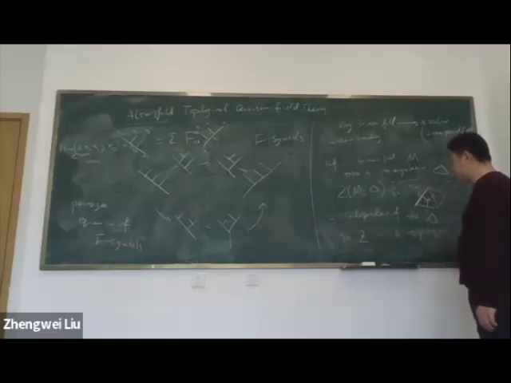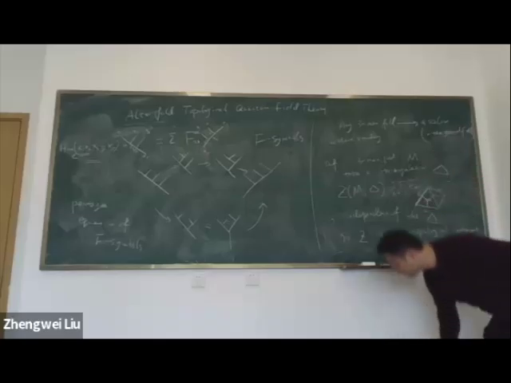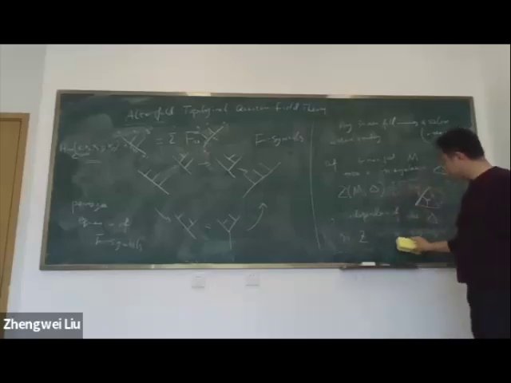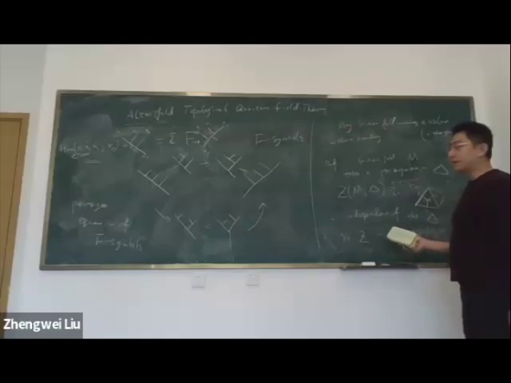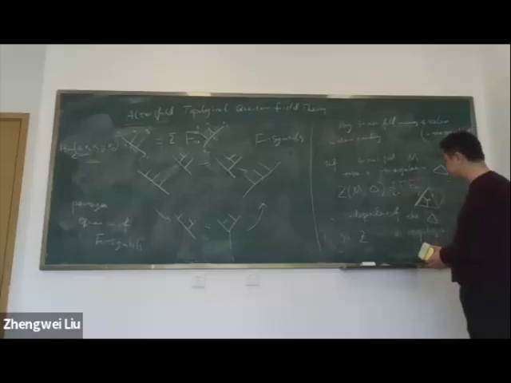And here we use the standard result in low dimension topology that any 3-manifold has a triangulation. And different triangulations are actually related by so-called Pachner moves.